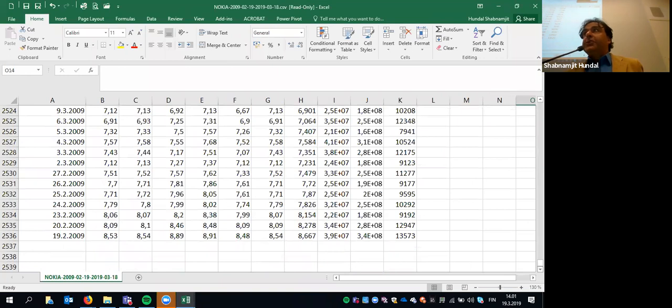And how many observations do you have? How many rows do you have? 2536. Divide 2536 by 10. 254 approximately. So that was my point, that on an average, the working days are approximately 250, plus or minus. So that's the reason I use 250, yeah?